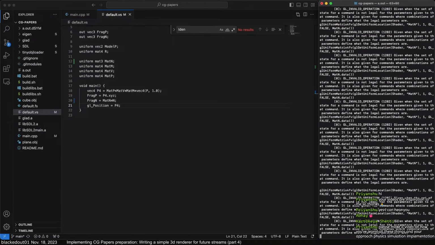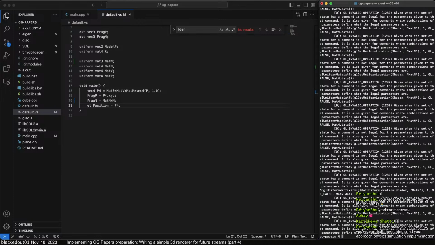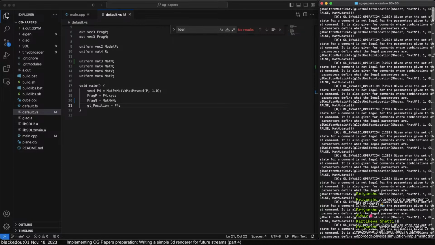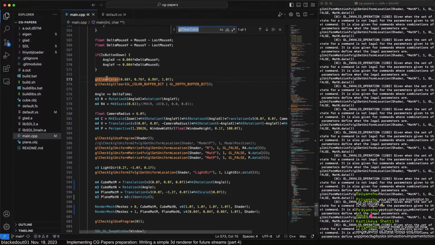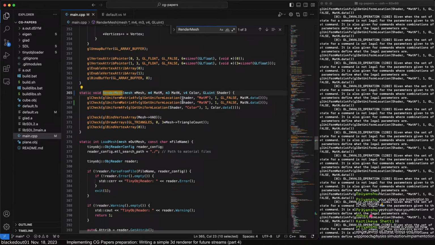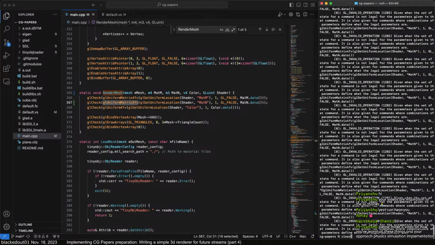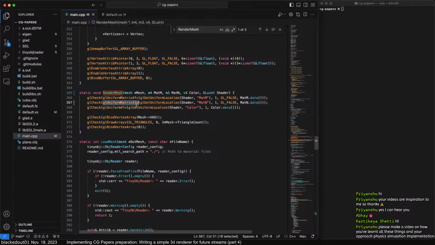there's an error. Oh, yeah, of course. Like I said, this is not a 4x4 matrix, so I also need to adjust this function call, because in OpenGL there's basically a function for every type you want to put into the shader.